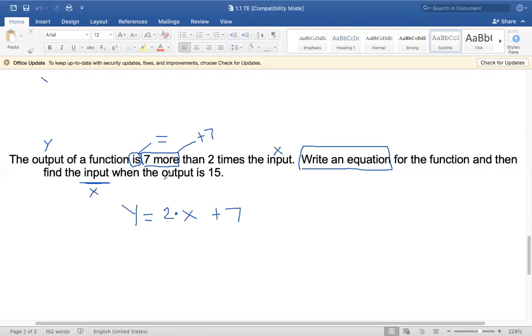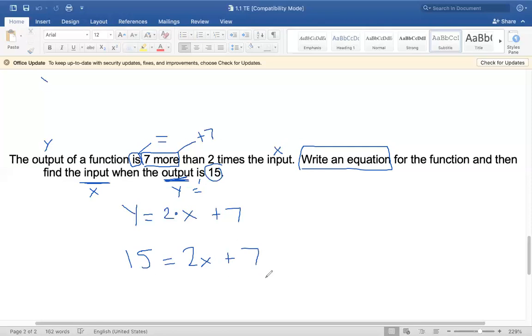When the output, again, output is y, is 15. So again, what is equal in math is just an equal sign. So I'm going to say y is equal to 15. So let me put that in. So I got 15 equals 2 times x, or just 2x, plus 7.